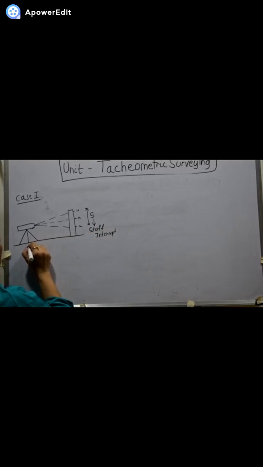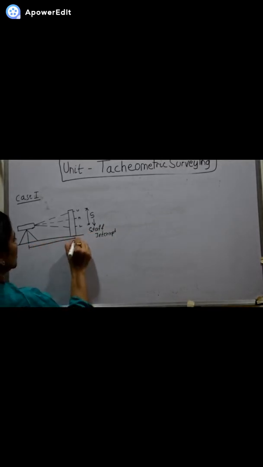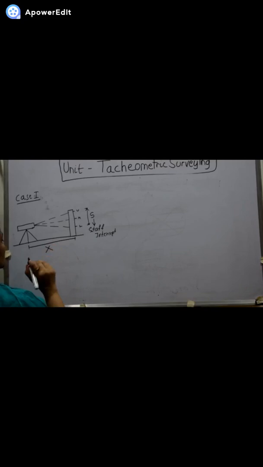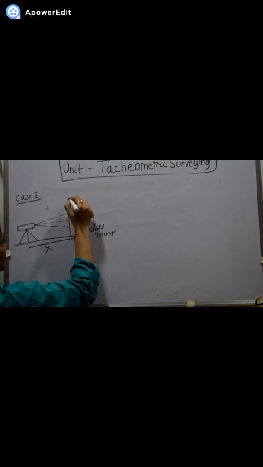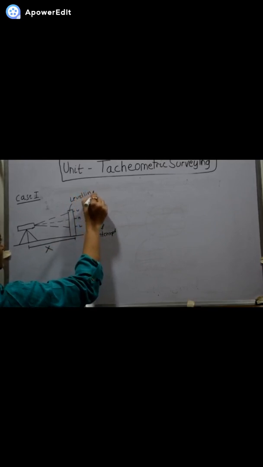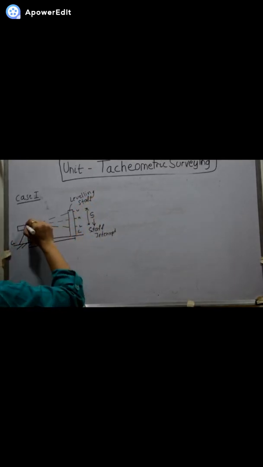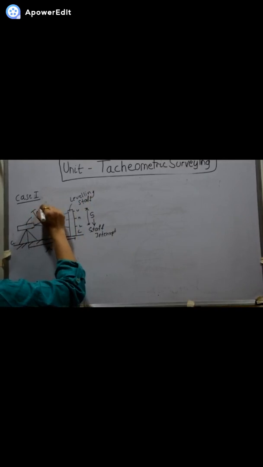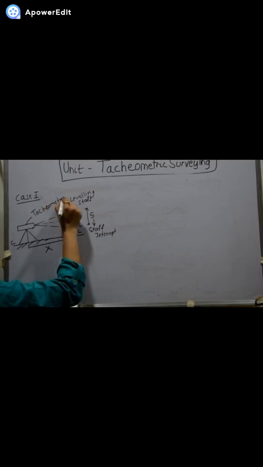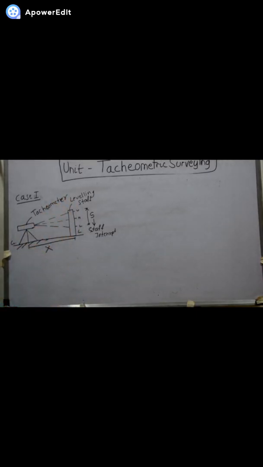The distance between the center of the station and the staff is the horizontal distance. This is a leveling staff. This is the ground. This is a tachometer. Now, in this case, you can calculate the reduced level as well as the horizontal distance.